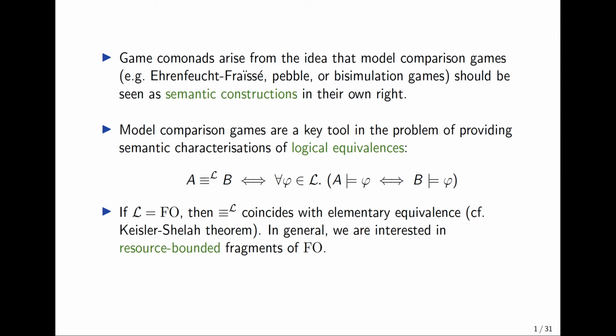The meaning of different and similar is made precise if you fix a logic fragment, L. So think of some set of first-order sentences. And then to such a logic fragment L, you can associate an equivalence relation which says that A is L-equivalent to B if and only if A and B satisfy the same sentences from L.